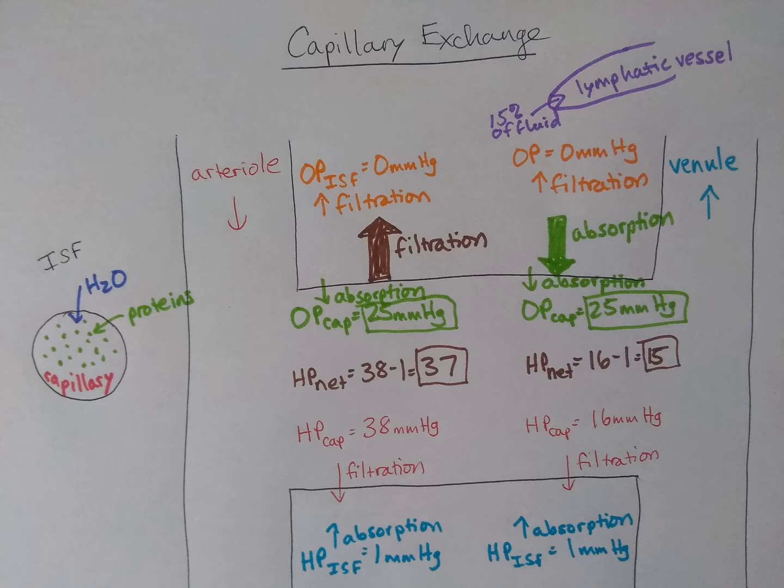And then at the venule end, you can see that our hydrostatic pressure, the blood pressure, has dropped, so the net pressure is now 15. And the osmotic pressure of the blood from the proteins is 25, so that's much bigger. That wins, and so we're going to favor absorption at the venule end.